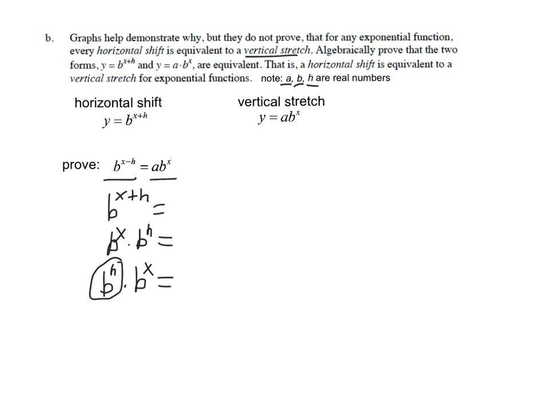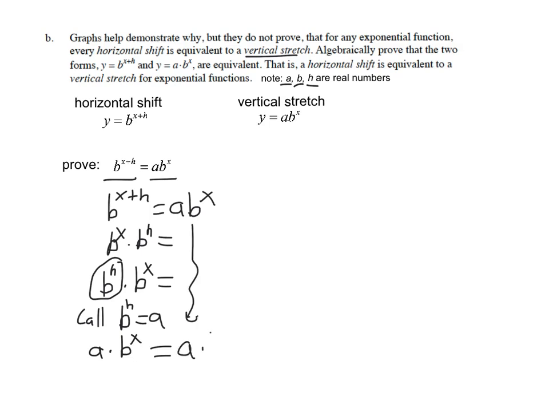That's going to give you some real number. Let's call b to the h, that real number, a. Therefore, I have a times b to the x. And that's what I wanted to come up with, a times b to the x.